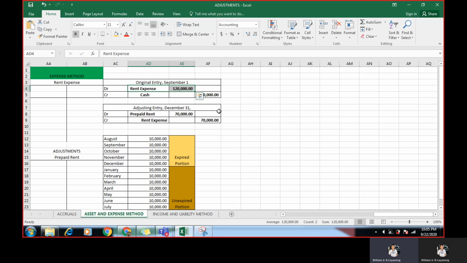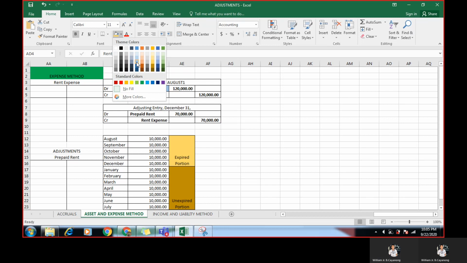Kaya i-expense na lang natin. Okay, during August 1, mali pa din yung date natin. Be careful of the date. August 1. Okay, so during August 1, we recognize our advance payment as a rent expense. Okay. So we credit cash as payment for the advance.